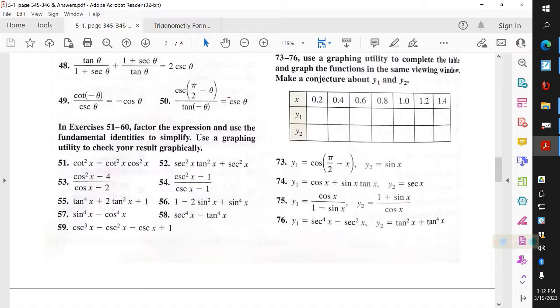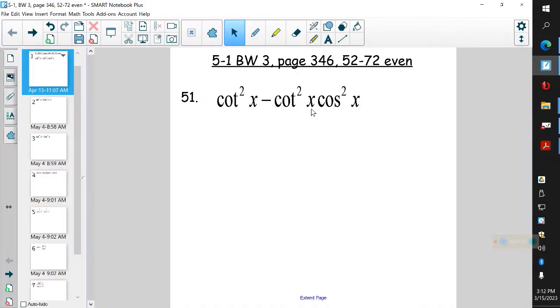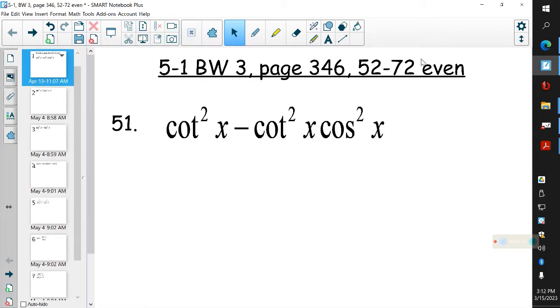The directions are telling me the key word is factor. I need to factor, and then I need to use my identities. So that is exactly what our game plan is going to be. Whenever I say the word factor, your brain should be thinking GCF and then two binomials. So what is my GCF? This is my first term, and this is my second term.